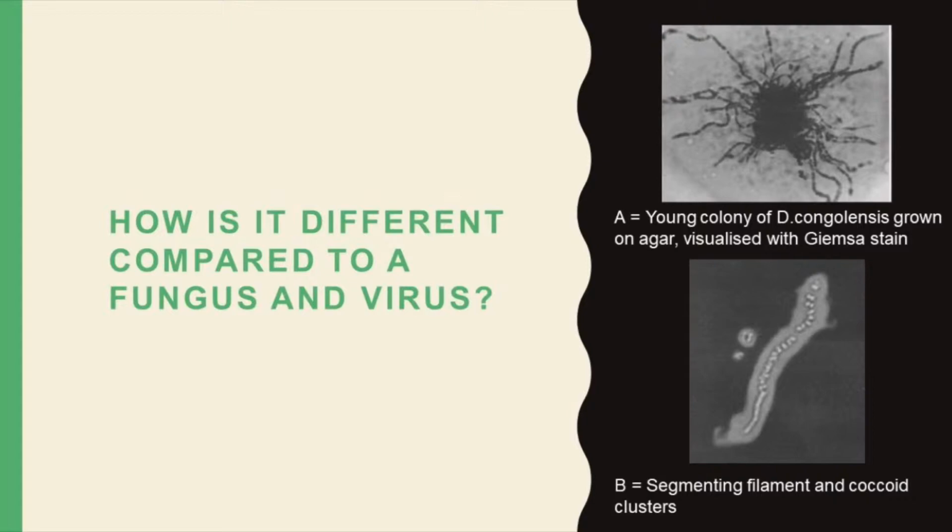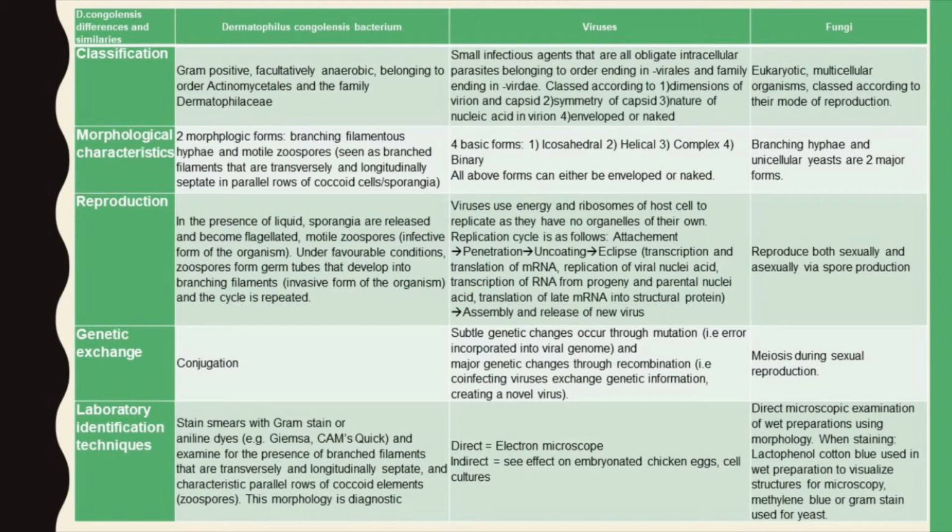In terms of classification, D. congolensis is a gram-positive facultatively anaerobic bacteria, compared to viruses, which are small infectious agents that are all obligate intracellular parasites. Fungi are eukaryotic multicellular organisms.